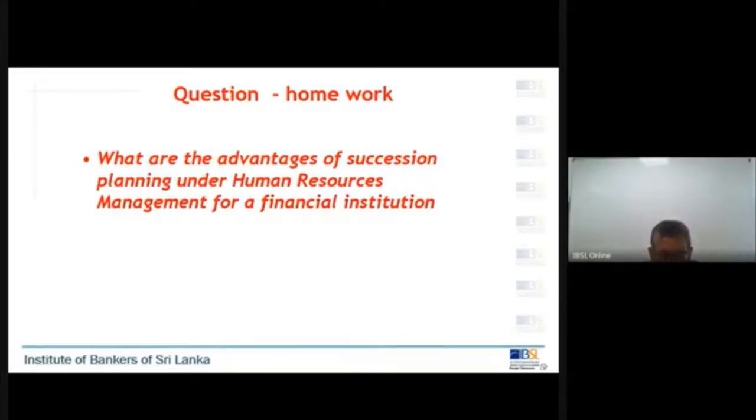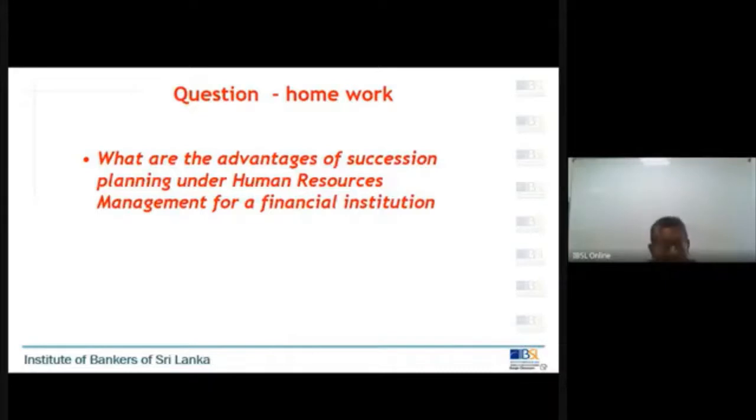First you need to define what succession planning is: the process of identifying and developing internal people with the potential to fill the key leadership positions in the bank is called succession planning. Then the advantages: it increases the availability of experienced and capable employees that are ready to assume leadership positions. I have already given you that in the cue. That's the first advantage.